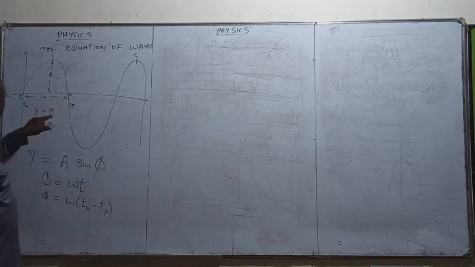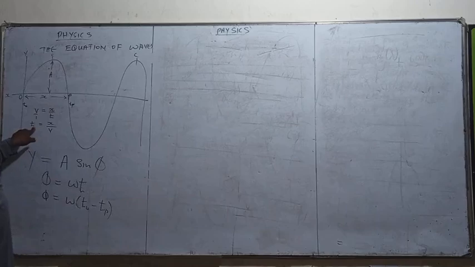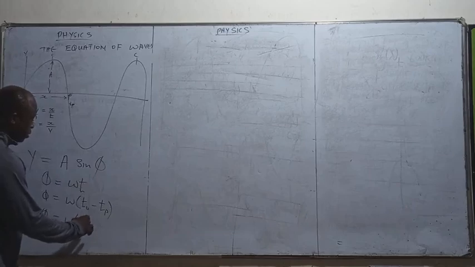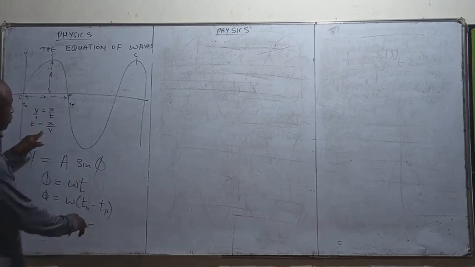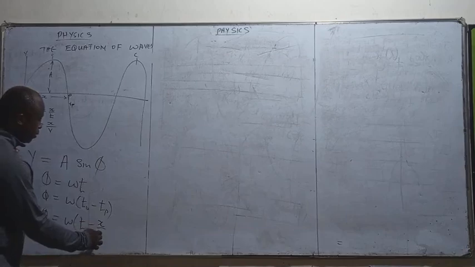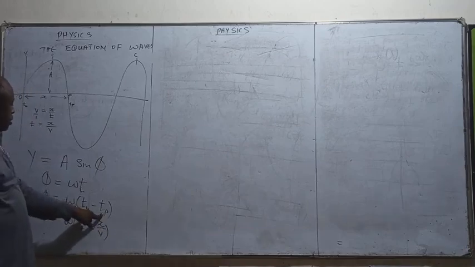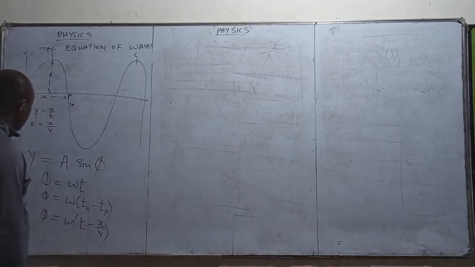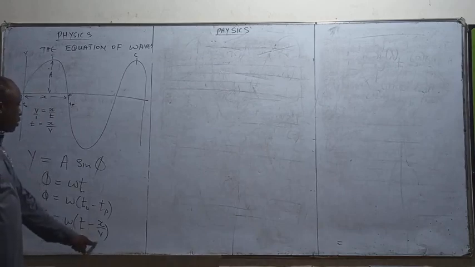Therefore, we can express time in terms of the distance covered over v. So we can then write that psi is equal to omega bracket t minus, in place of tP here, we can now write x all over v. Because at P, the time has gained distance and change in velocity. So now our psi becomes omega bracket t minus x over v.